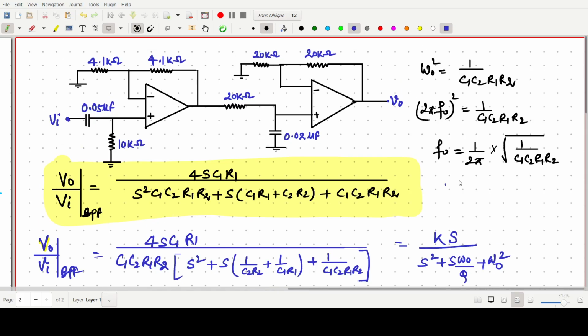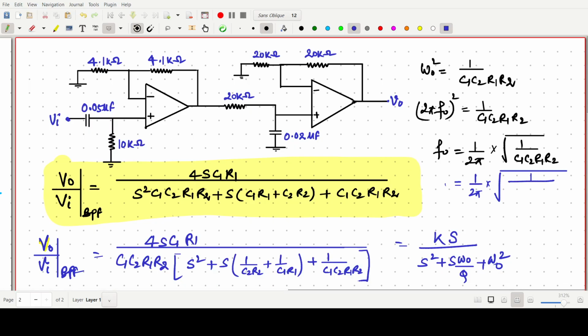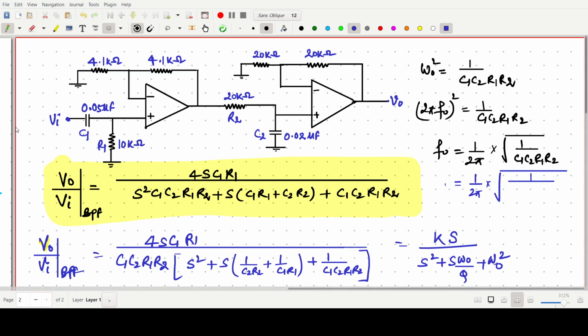So now 1 by 2 pi, write as it is, then 1 by C1 R1 R2 C2. I already told you, yes or no?